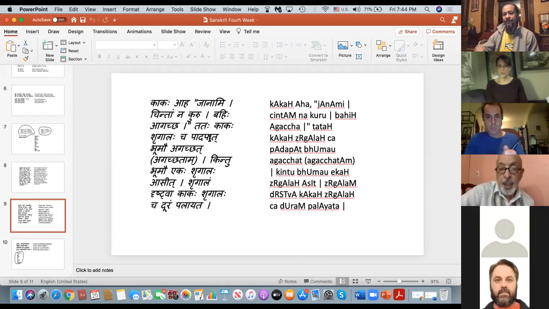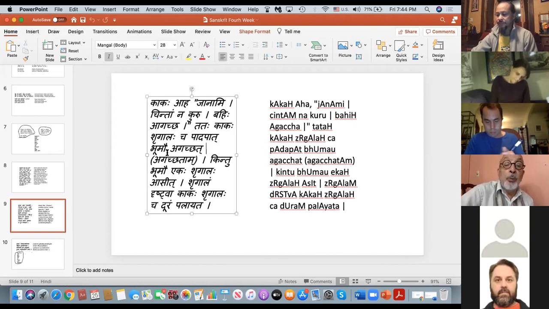Of the tree. Yeah. Padapa is a tree. Padapat, from the tree. This is ablative. Padapat, from the tree. Okay. From the tree. Right. And this word you already know. The only new word here is tataha. So far as I know, the only new word here is tataha. Tata is then.